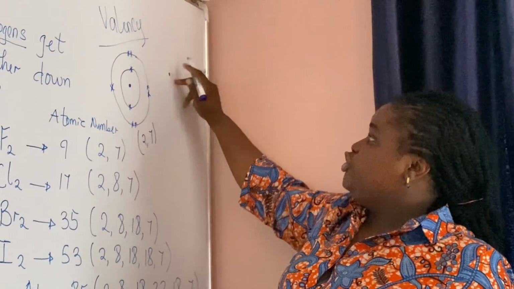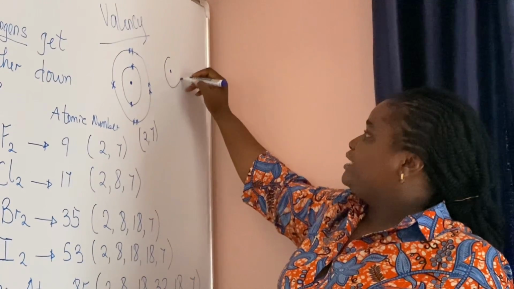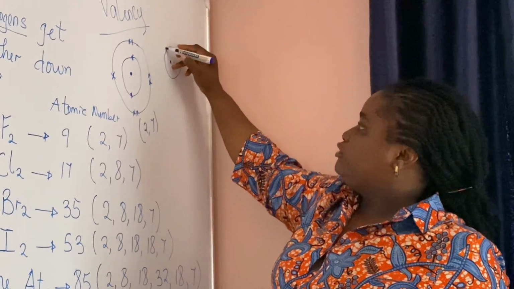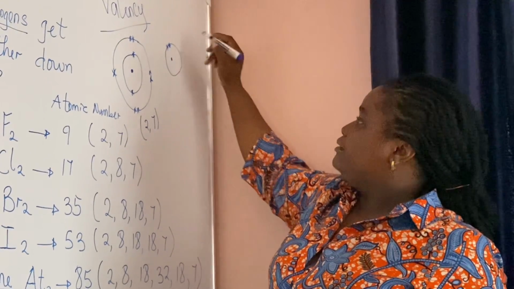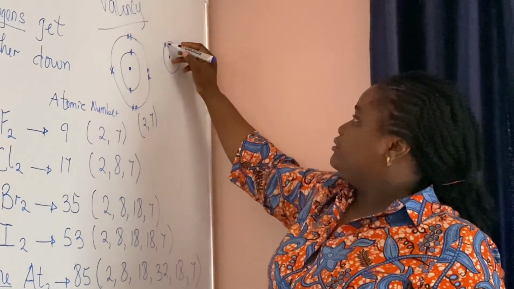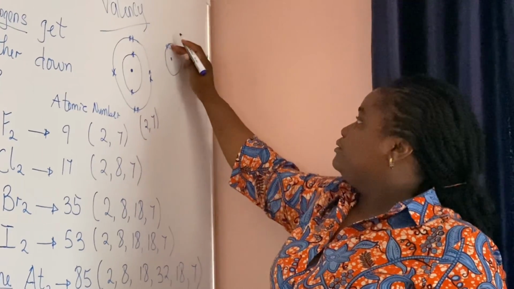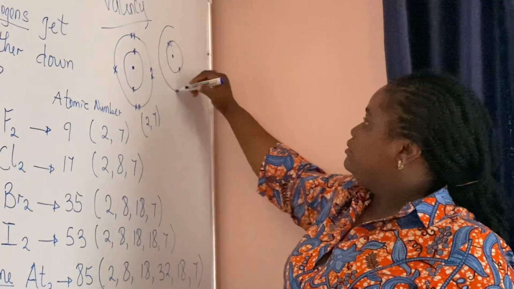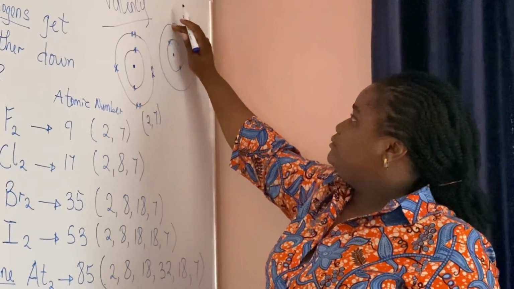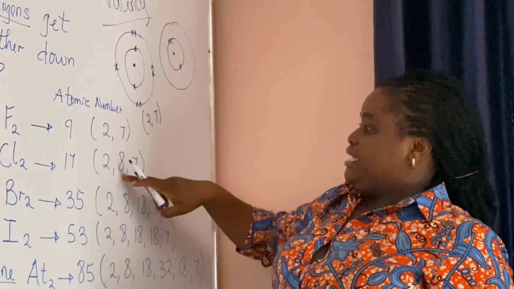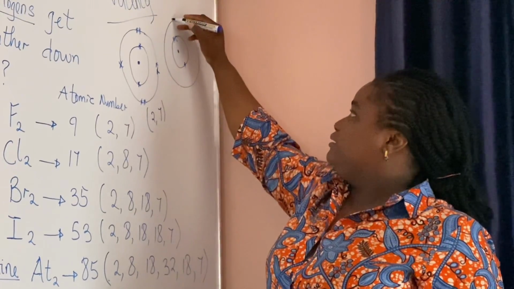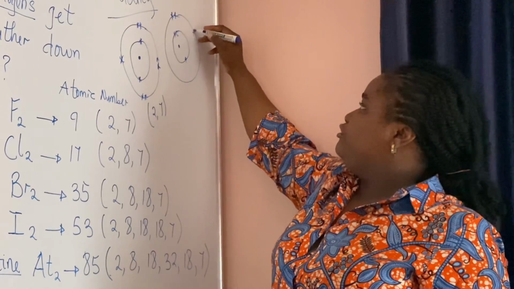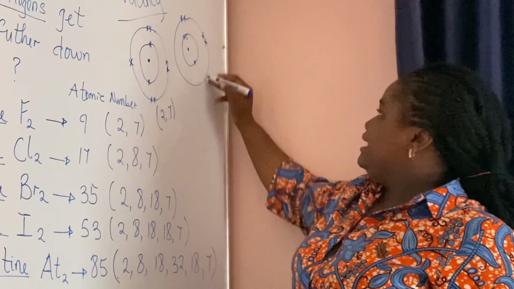This is the nucleus, and this is the first shell. I have a maximum of 2 electrons here. This is the second shell, of course 8 here. This can also be a topic moving forward, so that you learn how we arrange this.